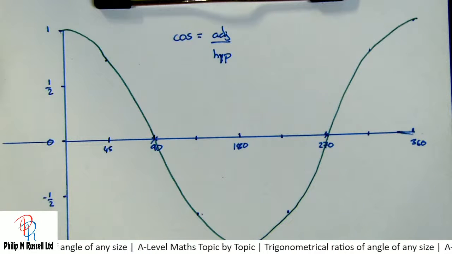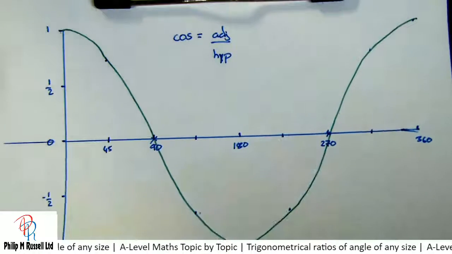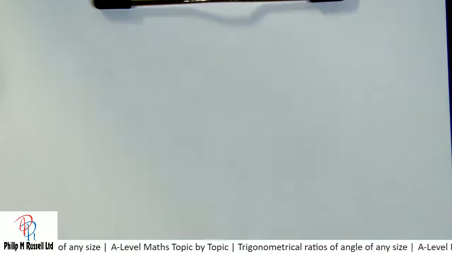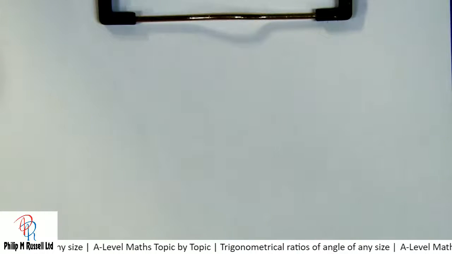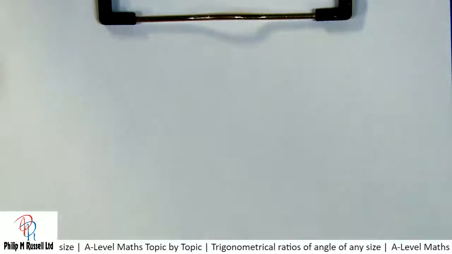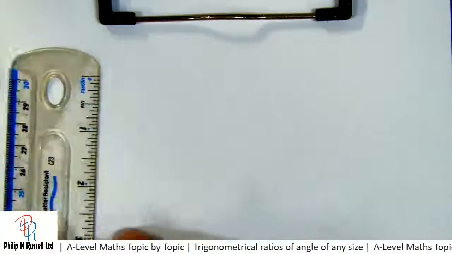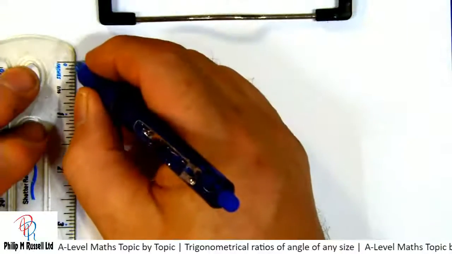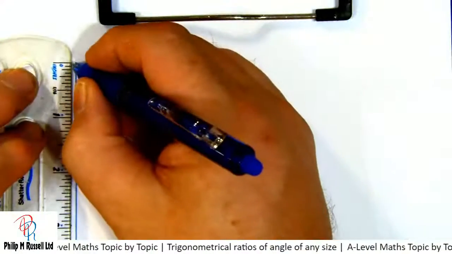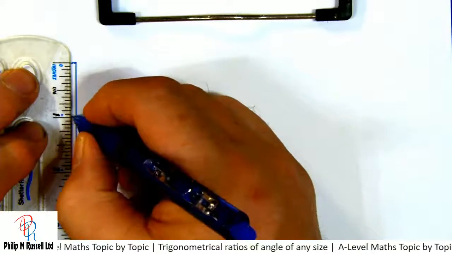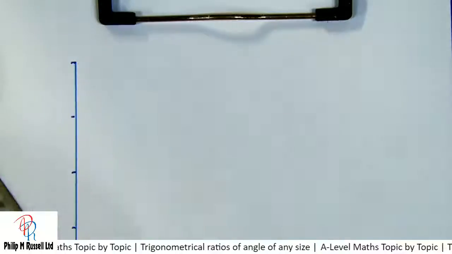Now if we want to have a look at the tangent, then it produces a slightly different graph for us. So I'm going to set up this as before.